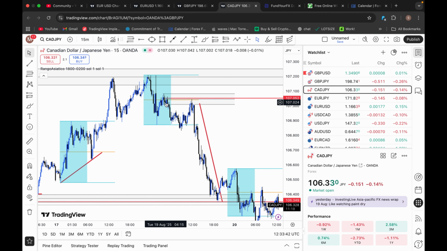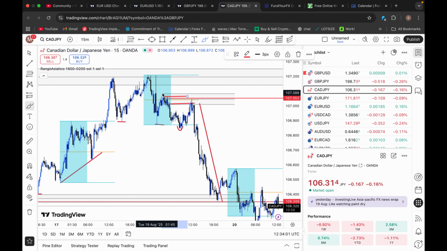All the market did was push down at the end of Asian session, grab the stops, as liquidity was created right there, and then retest the 50% area of the Asian session, where an order block or a sell zone, supply zone, was also present. So that's what we had.